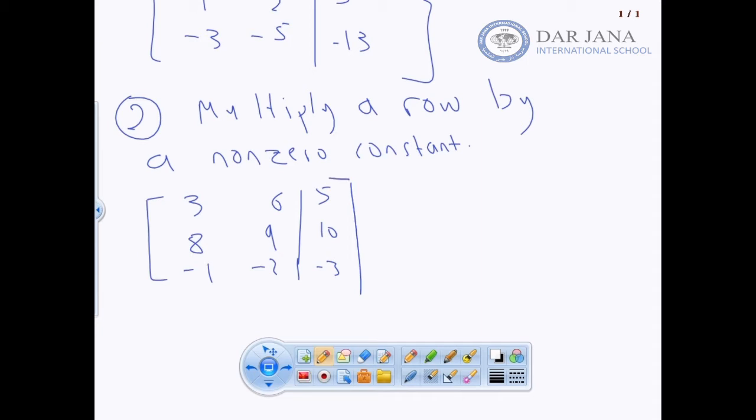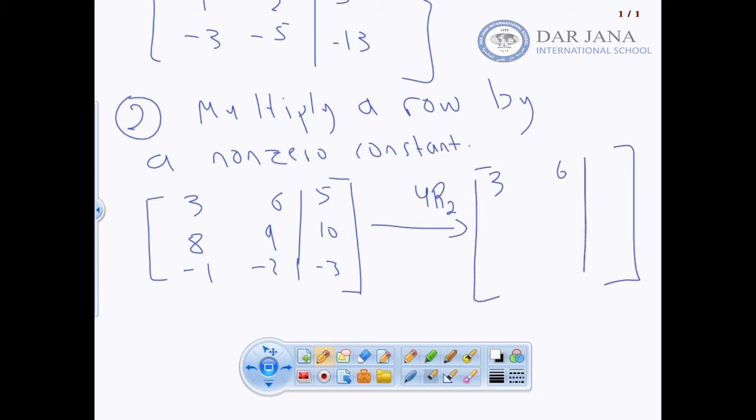So 3, 6, 5. R2 by 4: 4 times 8, 32. 4 times 9, 36. 40, -1, -2, -3. These two matrices, the first one and the second one, are equivalent.